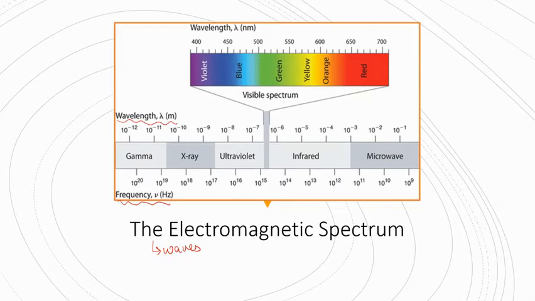So if you think about microwaves, that's obviously going to be the microwave that's used to heat up your food, but it's also going to be the radiation that's coming from your cell phone or from your Wi-Fi router. The visible spectrum, those are the waves that you can see with your eyes. Okay, those are the colors that are visible to you.